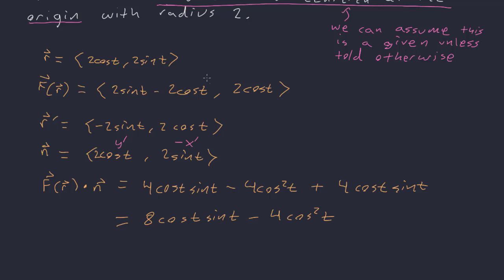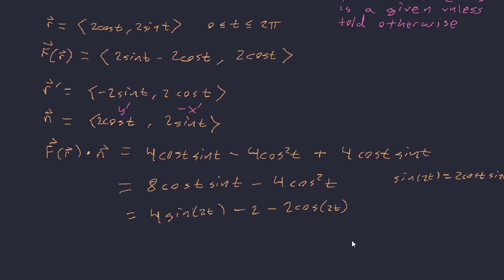And then we would need to integrate this from 0 to 2π, because that will be our t values for the full circle. Now this isn't impossible. It's maybe not even that difficult if we use identities, because we can use the fact that sin 2t is 2 cos t sin t to get that this is 4 sin 2t. And we can use the half angle formula to get that this is −2 − 2 cos 2t.